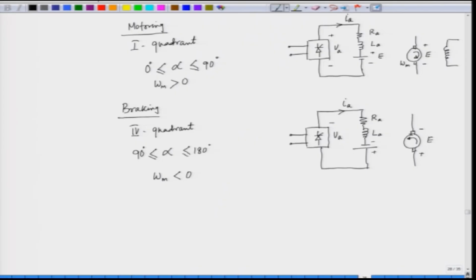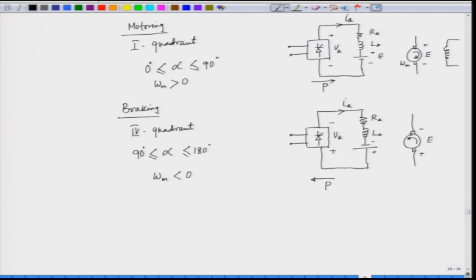If we see the converter voltage V A, the power is negative, which means the power flow is basically from the load to the supply. But in case of motoring, the power flow is positive, which means the power flows from the supply to the motor, to the load. Here the power flow is negative. That is why we call this regenerative braking, and this happens in fourth quadrant.